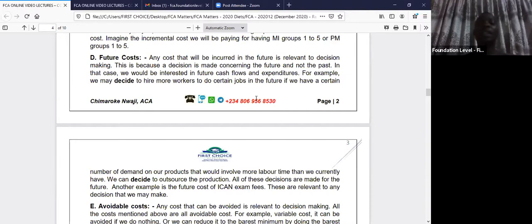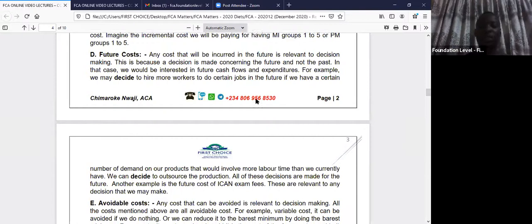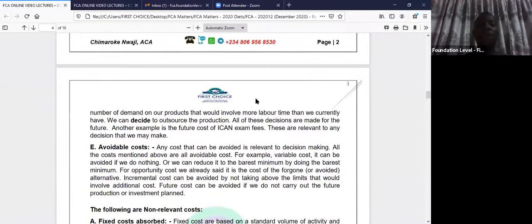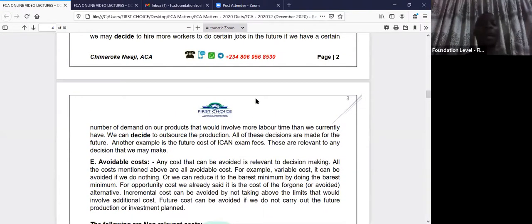You can't take decision on a cost that has happened in the past. Rather, you will be planning to take decision on future costs. Okay?